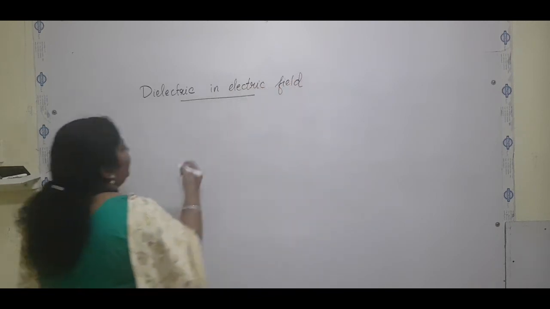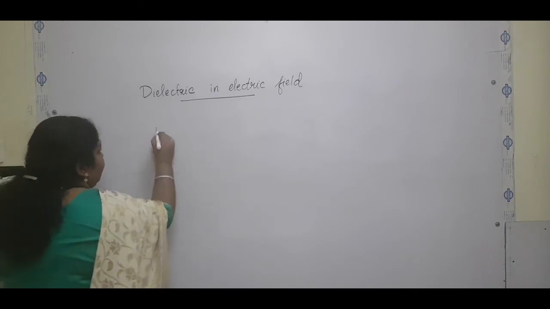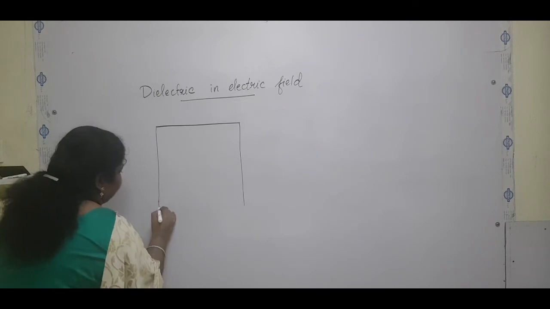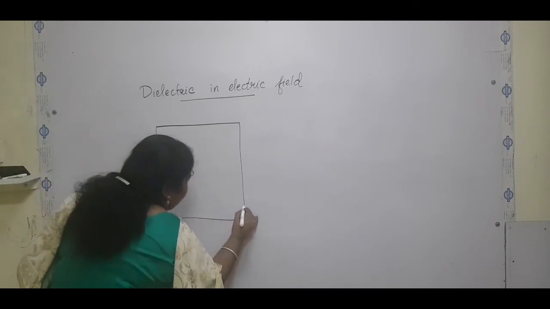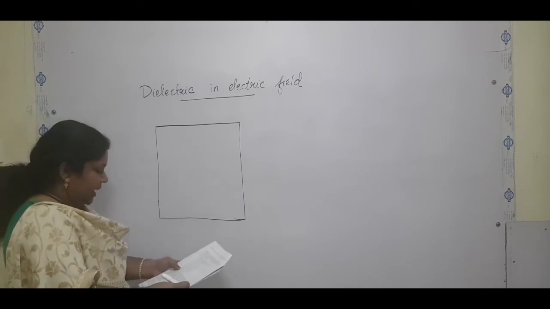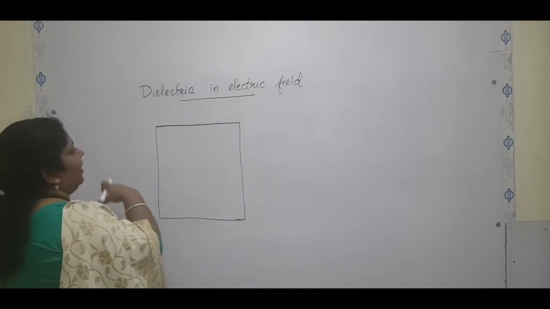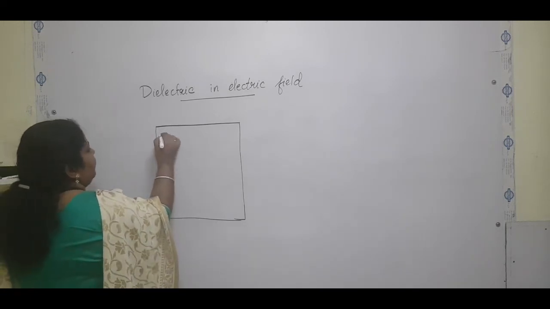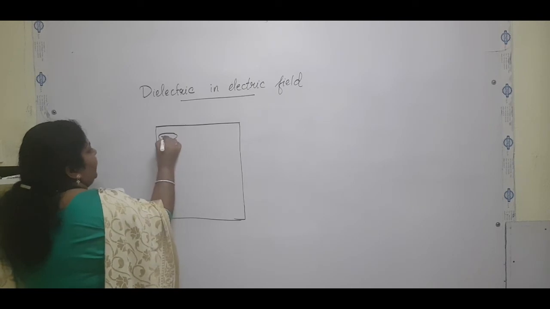Here we take a dielectric slab which has a thickness. This dielectric slab has both positive and negative charges, each of which we are going to represent.